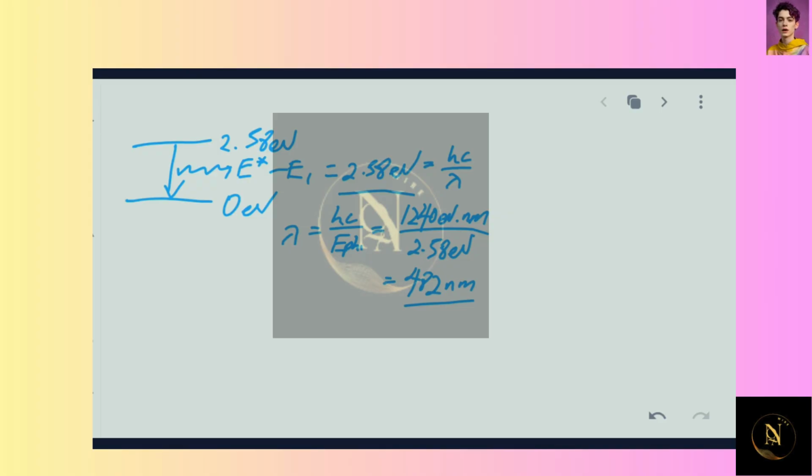Now to find the uncertainty in the energy of the photon, we use the uncertainty principle, right? For the energy-time uncertainty, this must always be equal to or greater than h-bar over 2.